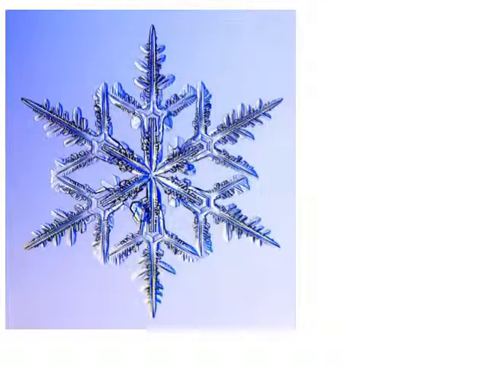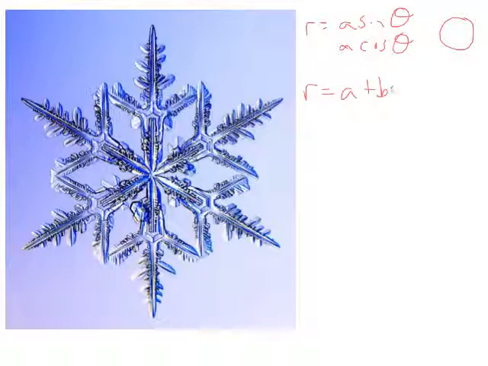Okay, hopefully you've learned a little bit about polar graphing, and you've learned that equations of the form a sine theta or a cosine theta draw out as circles on the polar grid, and then maybe you'll learn something about the equations a plus b sine theta or a plus b cosine theta.